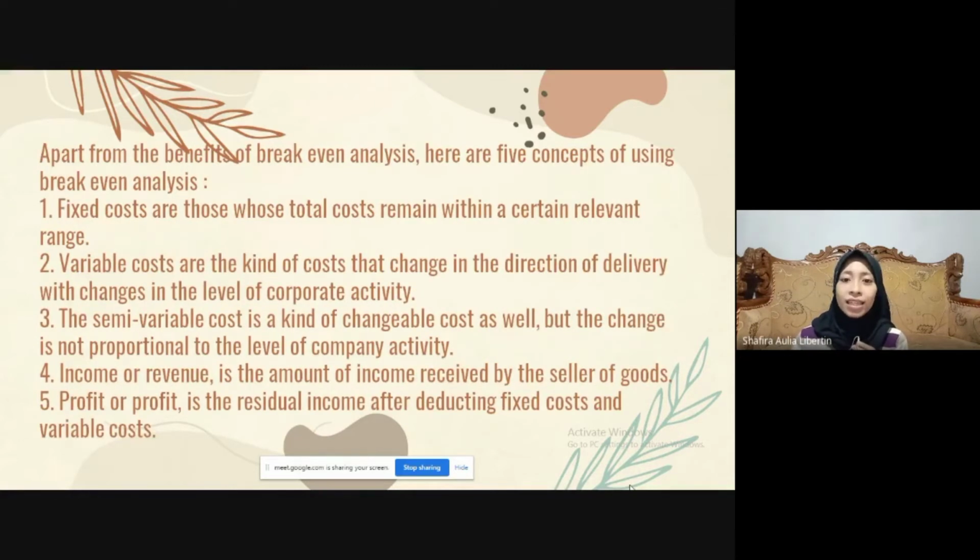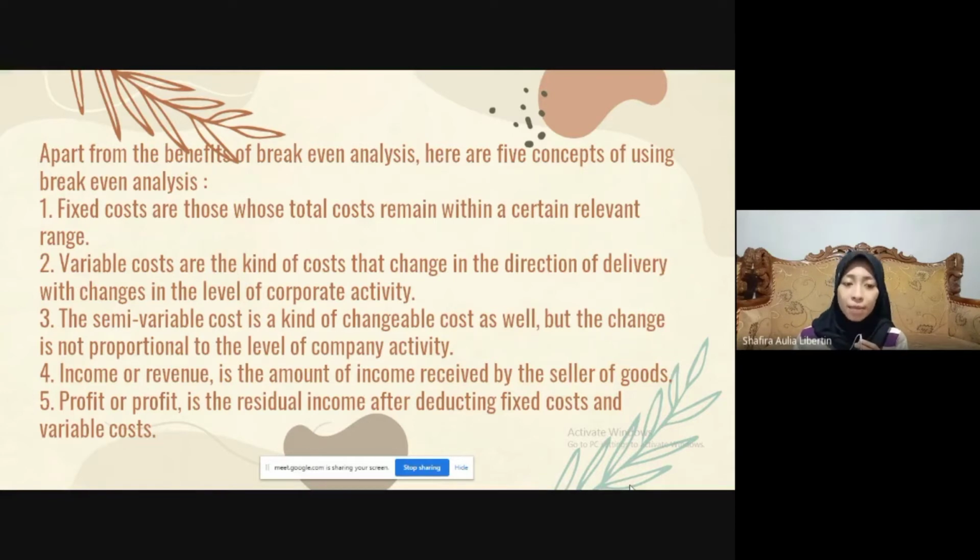Okay, the next is the concept of break-even analysis. There are 5 concepts. The first is fixed cost, or total cost that remains within a certain relevant range. The second is variable cost, or cost that changes in the same direction as the change in the level of corporate activity.